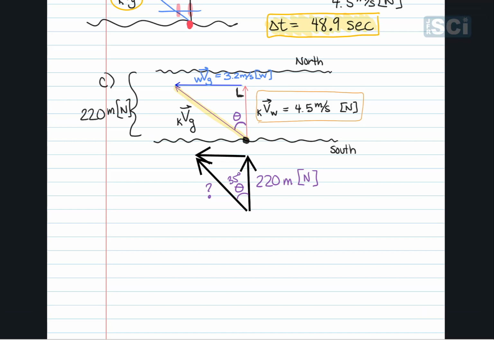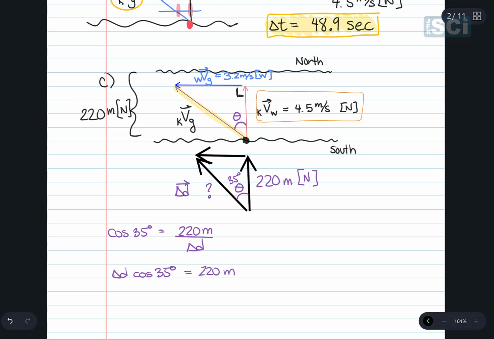So I can say, hey, I have adjacent and I'm looking for the hypotenuse. So I can say sine, oh no, that would be cosine. Cosine of 35 degrees is equal to adjacent 220 meters divided by, and let's call this delta D. Actually this shouldn't be a vector, because primary trig only gives us lengths.